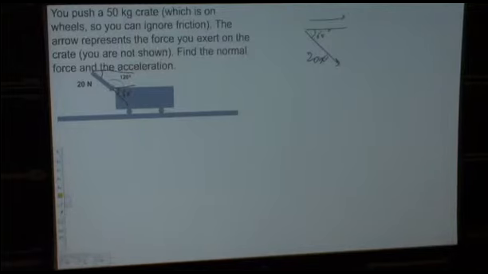This is what we usually would have called the component which is horizontal or parallel. Again, because that's the direction of the motion. So we can call it parallel or horizontal.